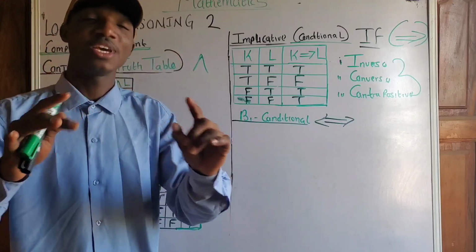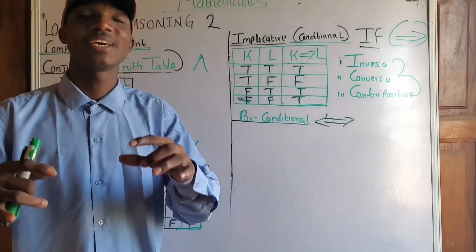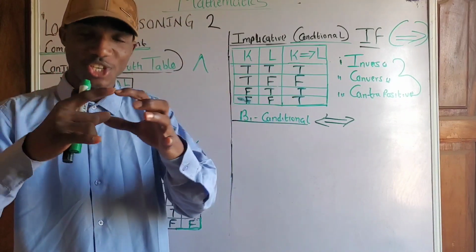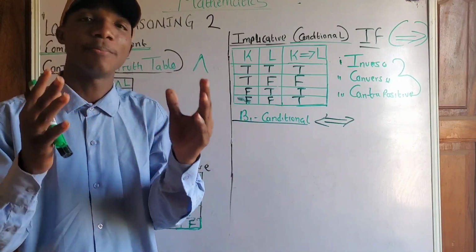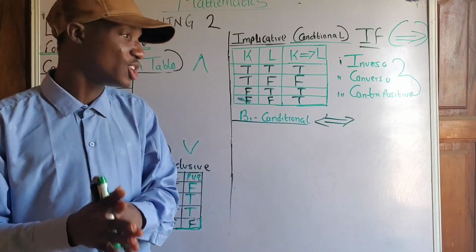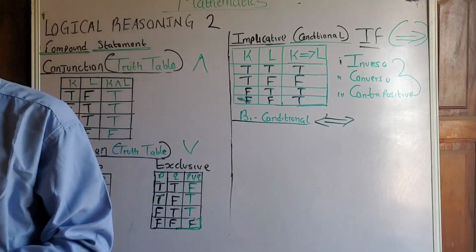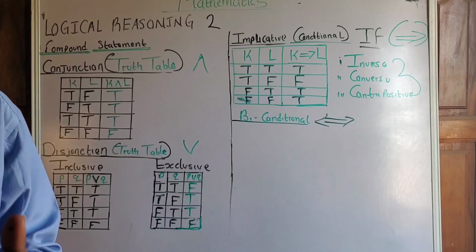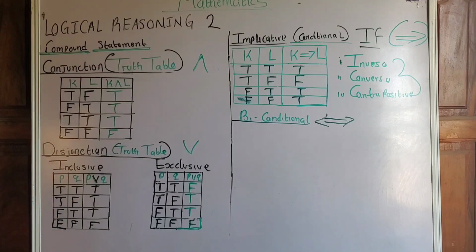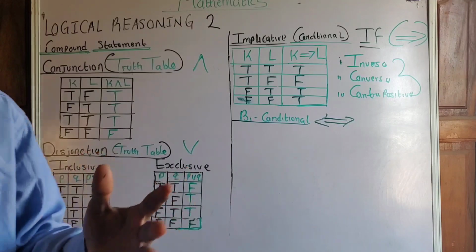I'm going to explain. You see, in a biconditional statement, both statements depend on each other. Are you getting it? Listen to the explanation again. Both statements depend on each other. For example, a typical example of a biconditional statement is this. John speak English fluently. Are you getting it? And another statement is John was born and raised in England.